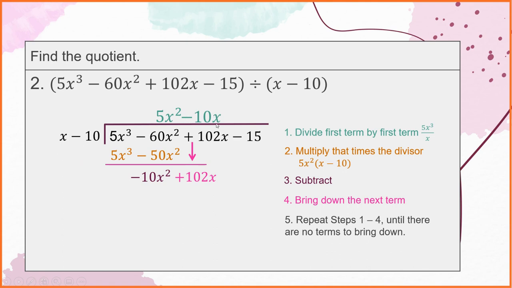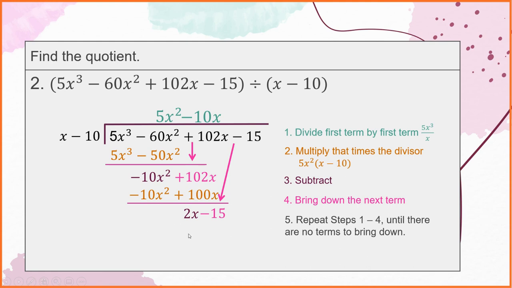Now I'm going to take negative 10x times the divisor. So negative 10x times x is negative 10x squared. Negative 10x times negative 10 is plus 100x. Then we subtract. 102 minus 100 is 2. Keep the variable part, so we get 2x. Bring down that last term.